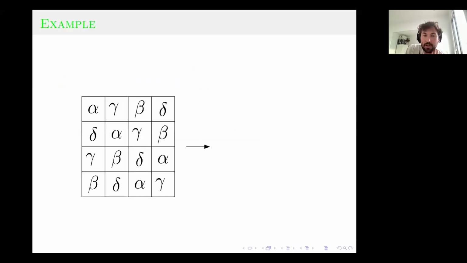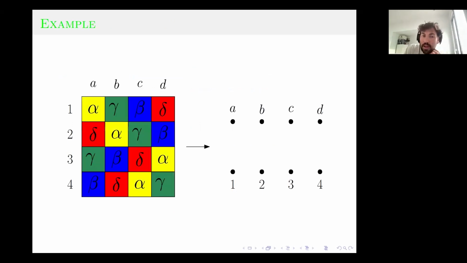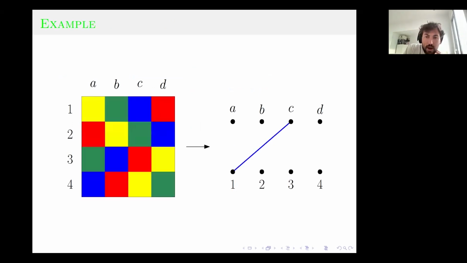So let's see it in one direction. Here's a Latin square. You take the rows as one of the parts of the bipartite graph, the columns as the other part. You color the entries. And now an edge in this complete bipartite graph is colored by the corresponding entry. So if you look in row 1 and column C, you see blue, and so this edge would be colored blue.